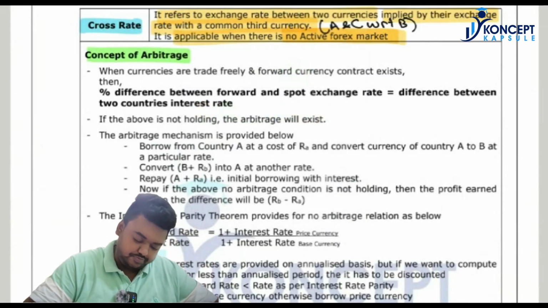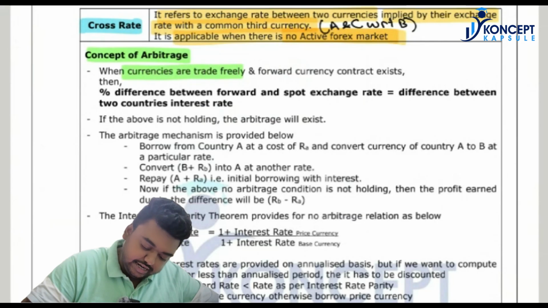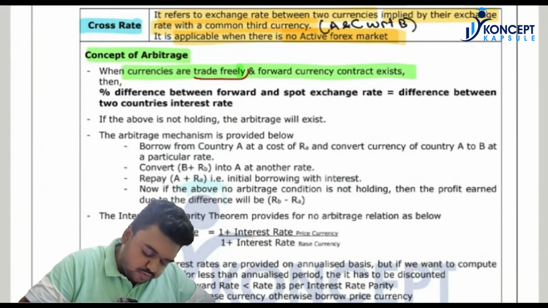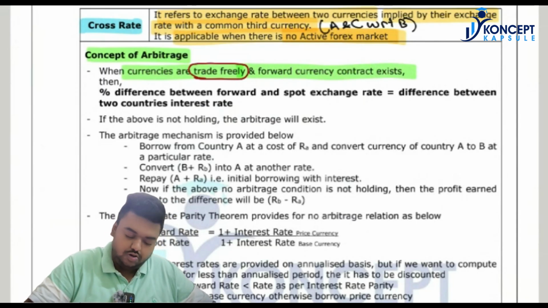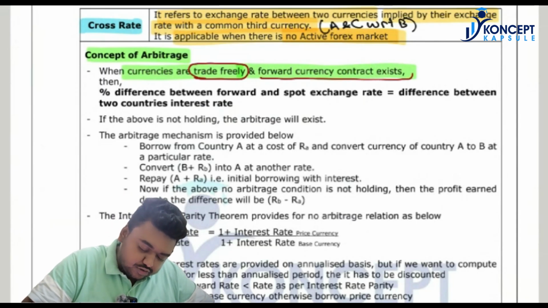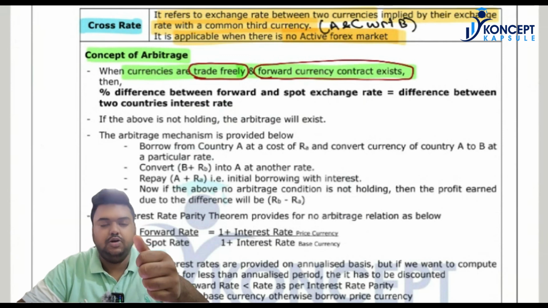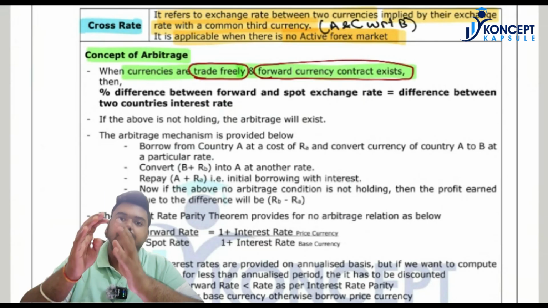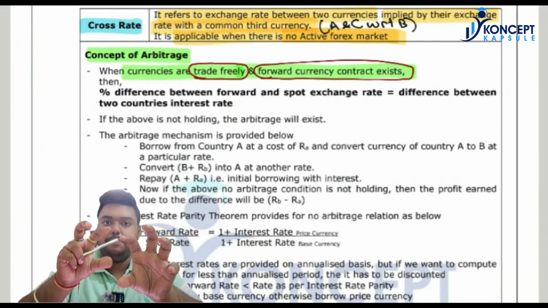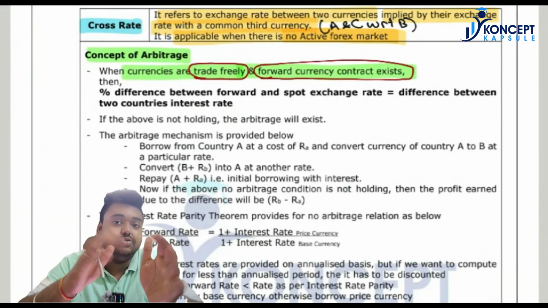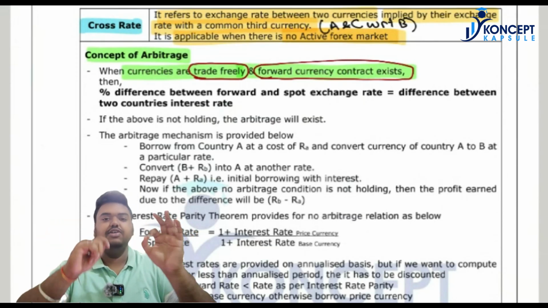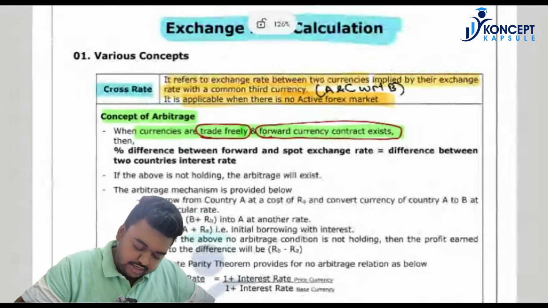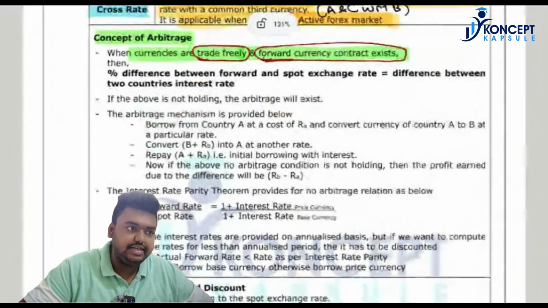Concept of arbitrage: when currencies are traded freely and forward currency contracts exist. So two conditions: currencies should be traded freely, and forward currency contracts should exist. If the currencies are not traded freely, which means that out of all the exchange rate regimes that we have studied, if the currencies are in a fixed exchange rate or a pegging system, then this situation will not exist.